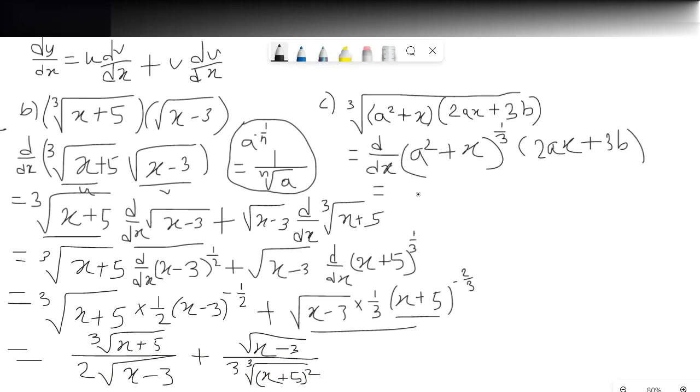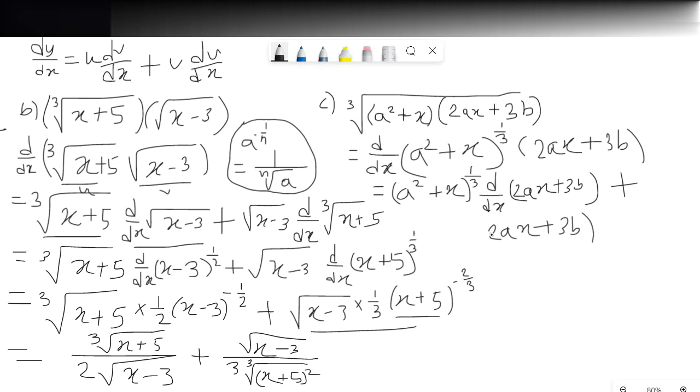So applying the product rule, we get u, which is a squared plus x whole to the power 1/3, multiplied by the derivative of 2ax plus 3b, and then plus v, which is 2ax plus 3b, multiplied with the derivative of a squared plus x whole to the power 1/3.